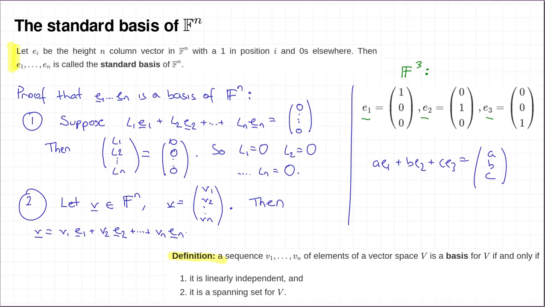That means we've written an arbitrary element of F to the n as a linear combination of the e's. So the span of the e's is equal to the whole of our vector space F to the n, which means they're a spanning set.